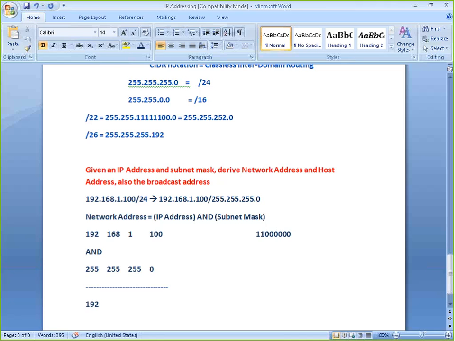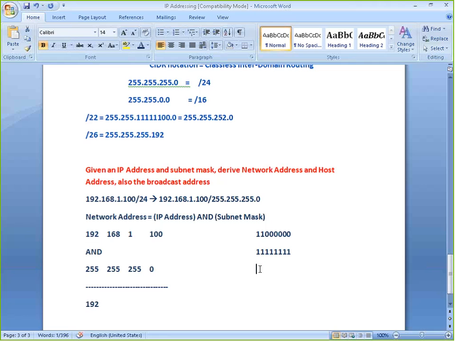Now similarly, the binary value for 255 is going to be 11111111. So all the bits are ones. Do you understand this? Now effectively, if I AND these two values, take each bit one by one, the first bit here and the first bit here.